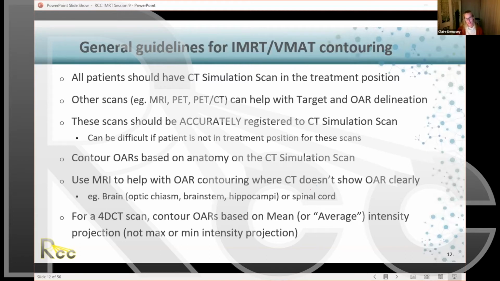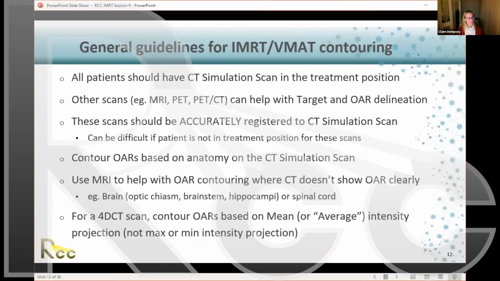Sometimes with those other scans, the patient isn't in the treatment position. So registering those two scans together, registering your extra scans to your CT simulation scan, can sometimes be really challenging if the patient's not in the same position, but you need to register them as accurately as you possibly can.